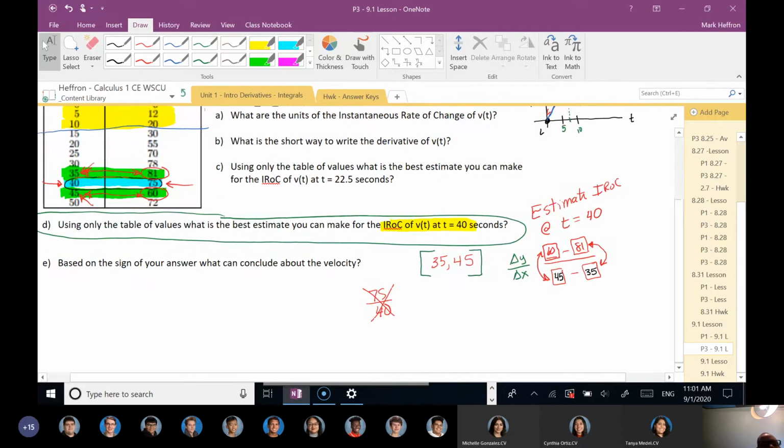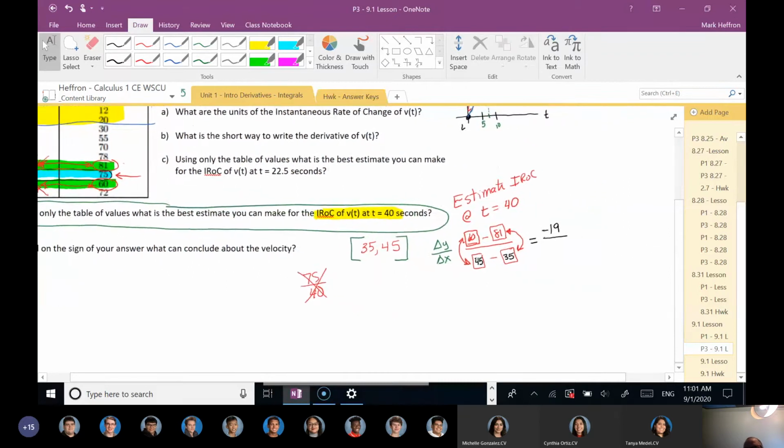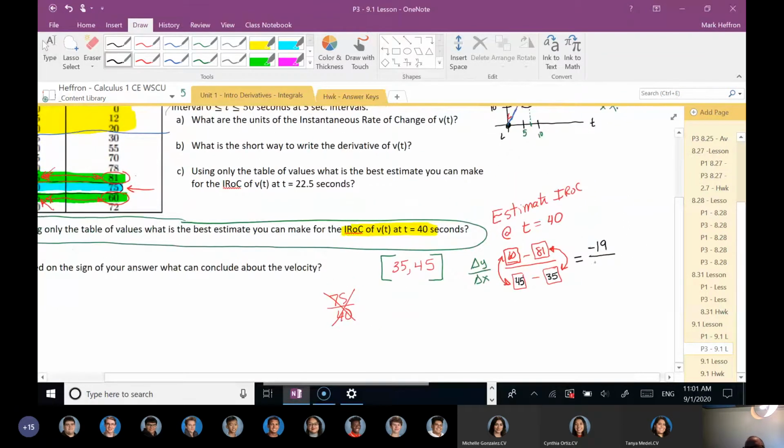Let's just do the math really quick. What's 60 minus 81? Well, that would be negative 21, wouldn't it? And 45 minus 35 is 10.